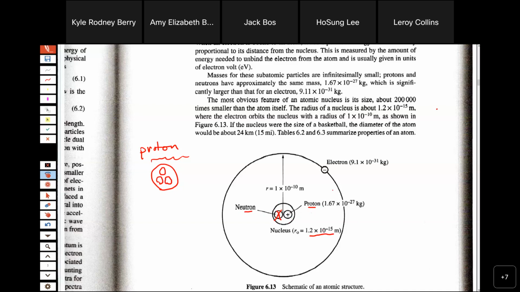And then the electron is orbiting at a radius of 10 to the minus 10, which means the hydrogen is mostly vacant. It's a vacuum, nothing inside.